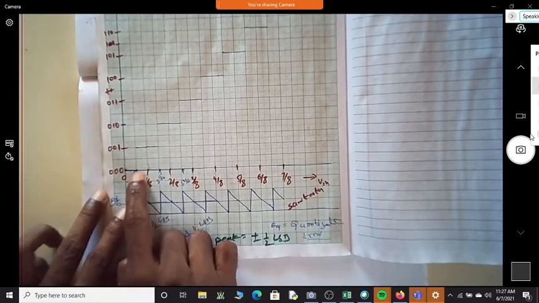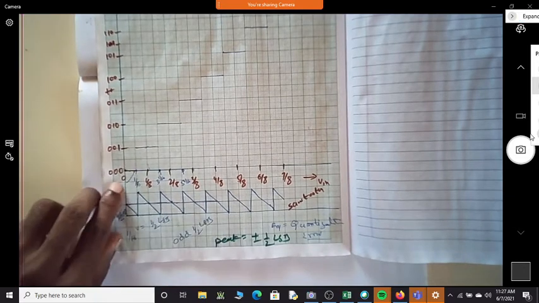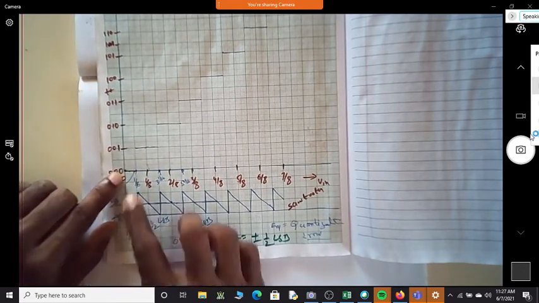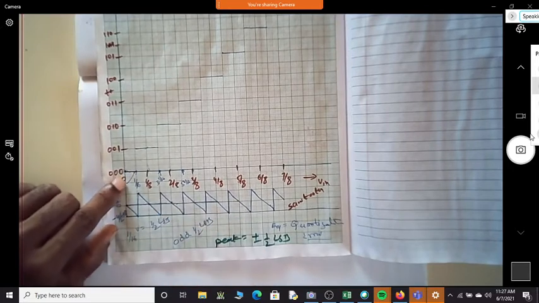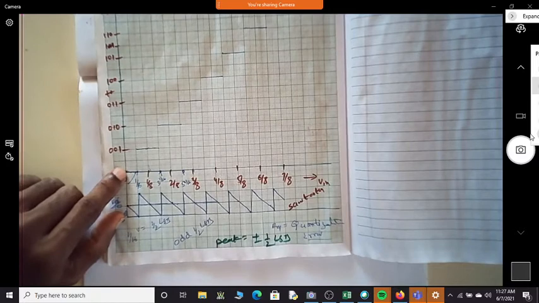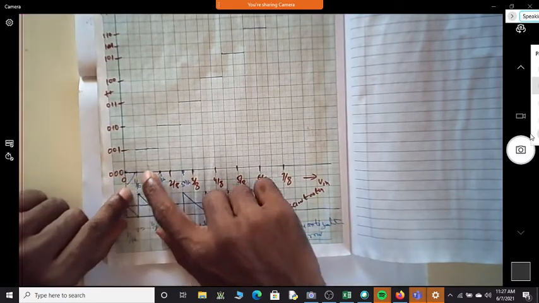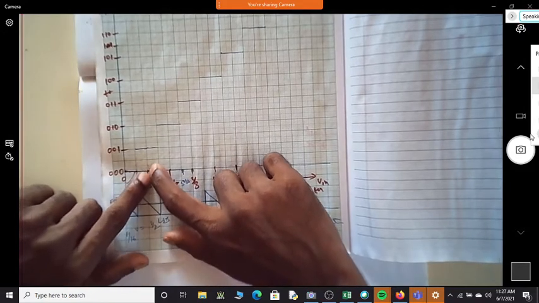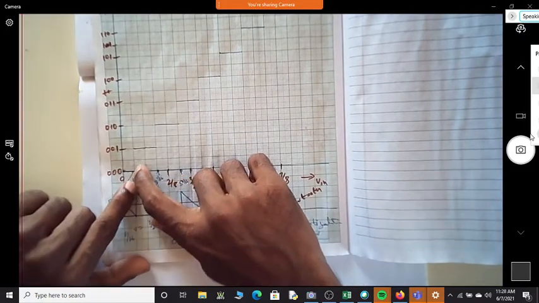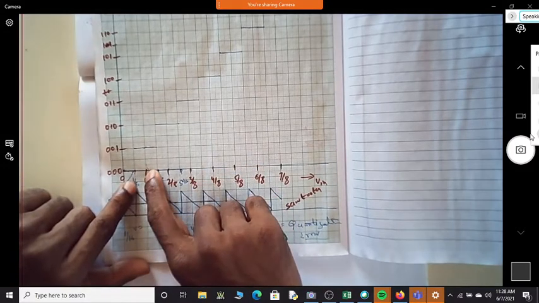Suppose the first transition happens at zero, or at 0 volt itself. Assume you increase the voltage by a very small amount from zero. If it goes here, then I'll say there is an offset error. If the change happens at this point, then there is an offset error of plus half LSB.